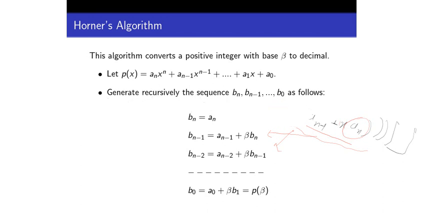Okay, right, fine. Next is how to convert a fraction part, like scientific notation. If you have a number in the open interval 0 to 1 and an integer beta greater than 1, let's take that you have to generate recursively.